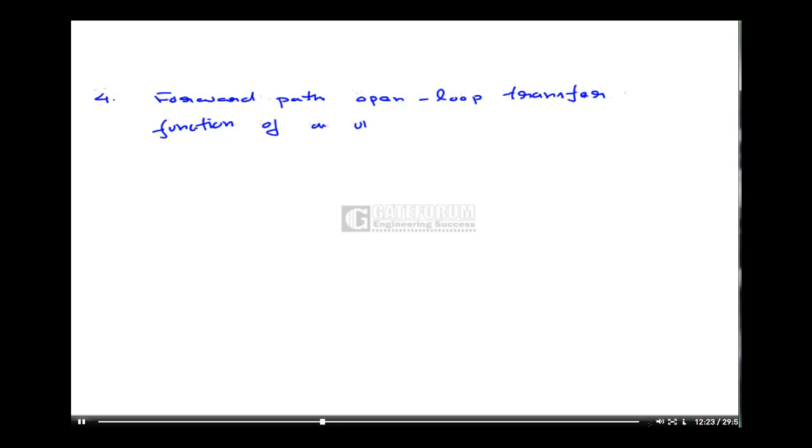Again, one more problem. A statement is given: the forward path open loop transfer function of a unity negative feedback system, which is important.